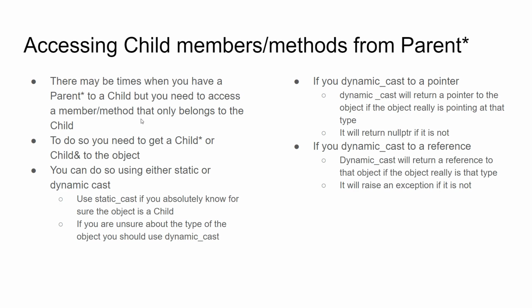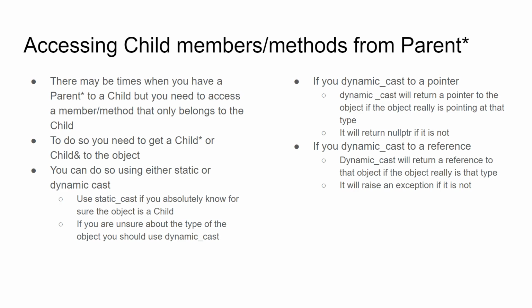You can either use a static cast or a dynamic cast to change the type of the pointer. So you want to use a static cast only if you know absolutely 100% for sure, without a shadow of a doubt, that parent pointer is really pointing to a child, because the compiler does not check. It's just like, sure, I'll transform it into that pointer for you, not a problem. But if you're unsure about what that parent pointer is pointing to, you should use a dynamic cast instead.